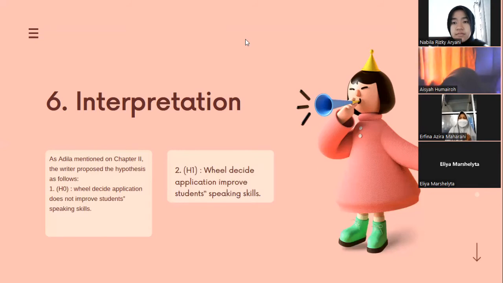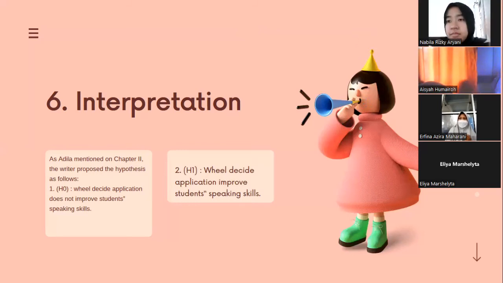It gains a score of 2018. The result of the calculation revealed the t calculation. Since the t calculation is higher than the t table score, the alternative hypothesis was accepted while the null hypothesis was rejected. If the result of the calculation is higher than the table, the alternative hypothesis is accepted and the null hypothesis is rejected.